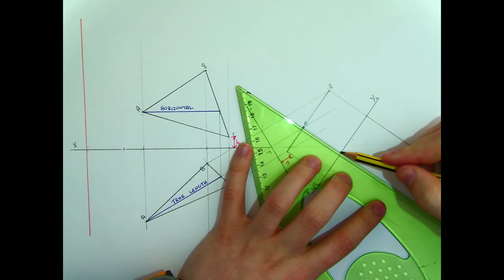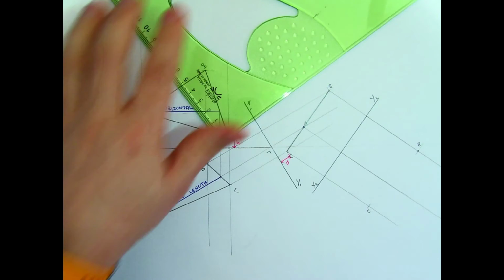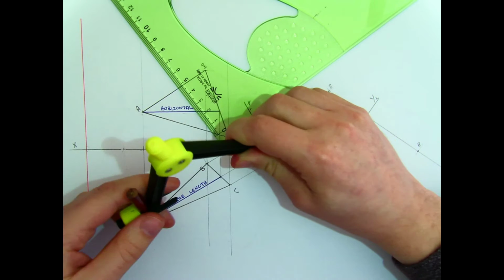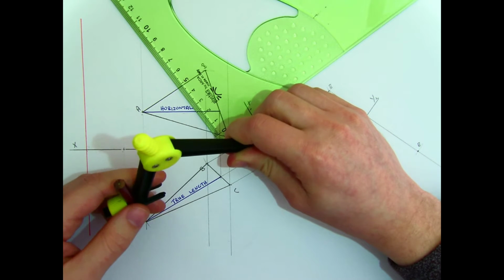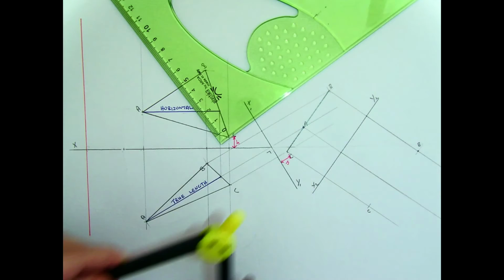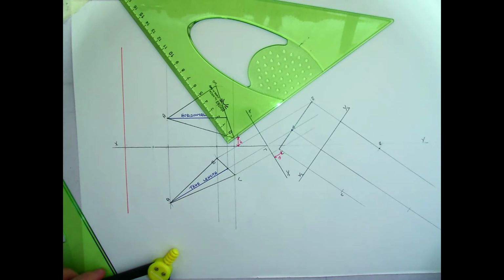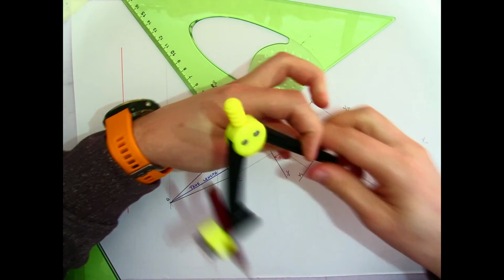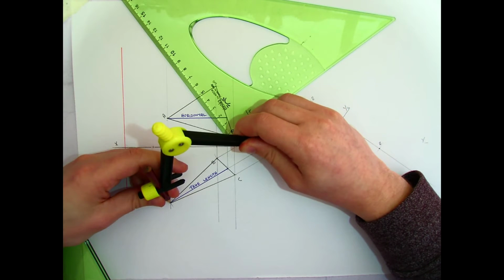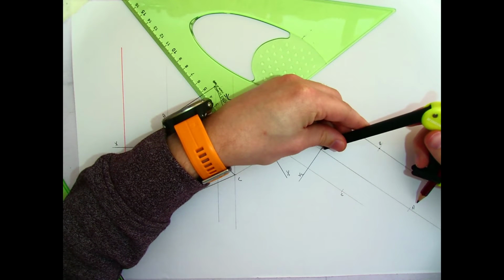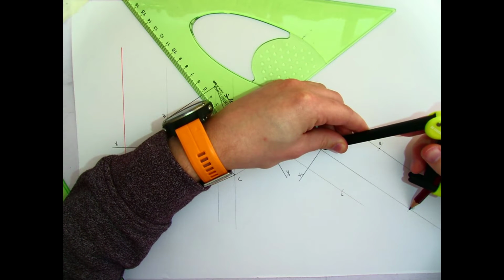Point A, again, is done the same way. I'm going to be measuring the distance from the x1, y1 line back to A, and on my xy line, I'm going off the screen, this is point A. I measure the distance from my x1, y1 line back to A, that distance here, and mark that same distance out over here.